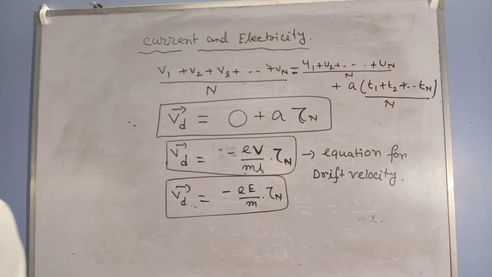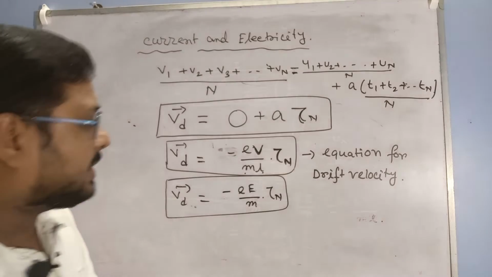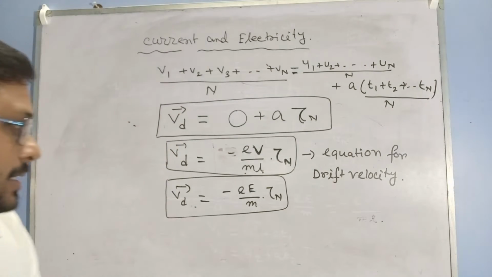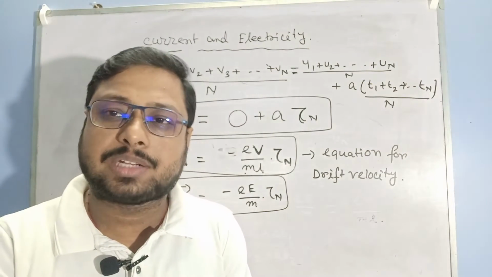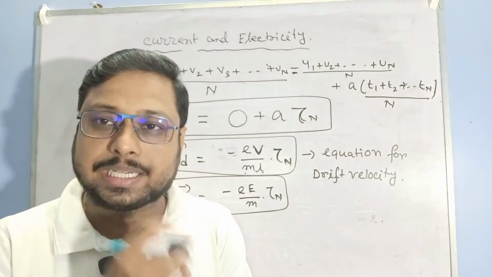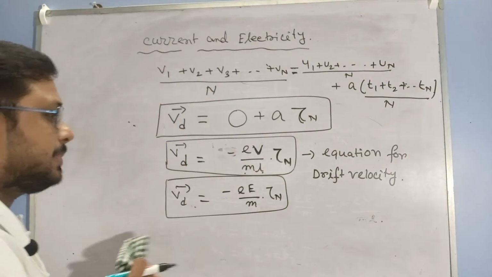Now, drift velocity may be defined as the average velocity of electrons inside the conductor. Therefore, what is drift velocity?